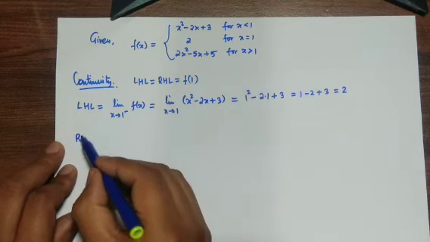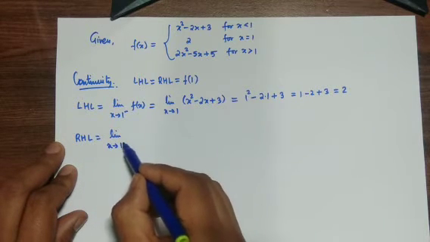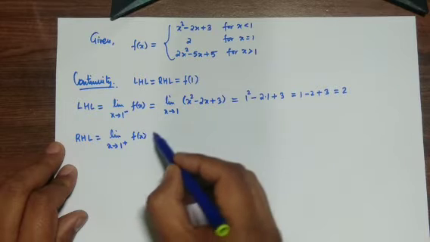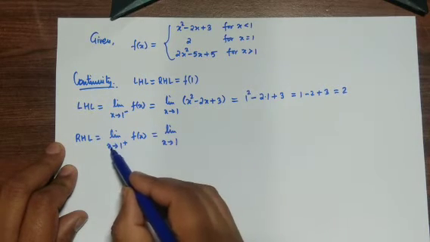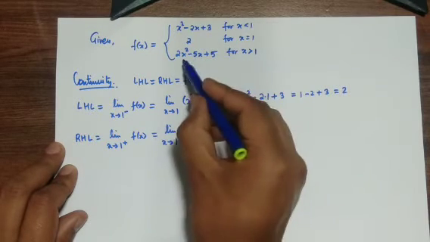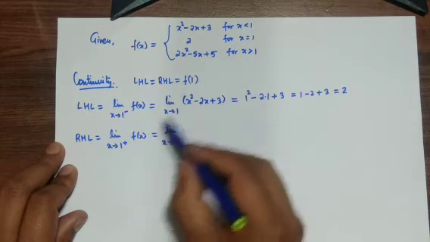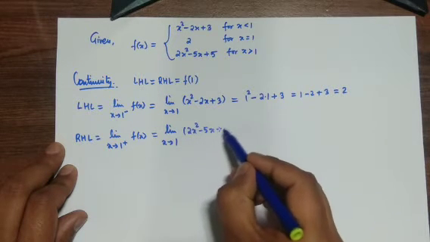Similarly, let's find my right hand limit. The right hand limit is limit x tends to 1 plus of f(x), and this x is obviously greater than 1. So whenever x is greater than 1, my function value will be this much. The function becomes 2x squared minus 5x plus 5.